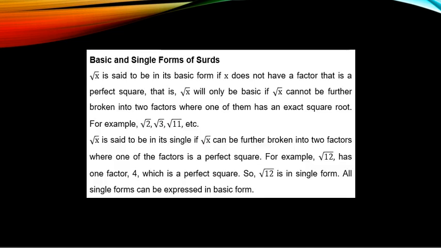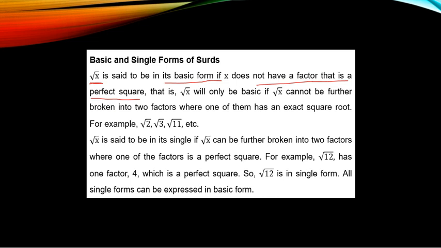Let's look at basic and single forms of surds. Root S, we're assuming S can be any number. S can be 2, 3, 4, but we assume it now. Root S is said to be in its basic form if S does not have a factor that is a perfect square.